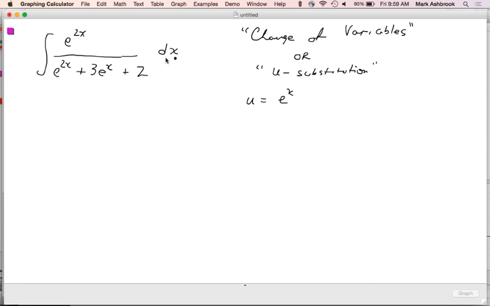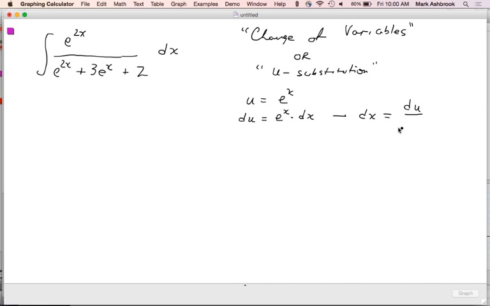All right, but we need to know what dx is. In order to find dx, we'll say, what's du? Du is the derivative, e to the x dx. And this will help us determine what dx is, right? So dx is du over e to the x.